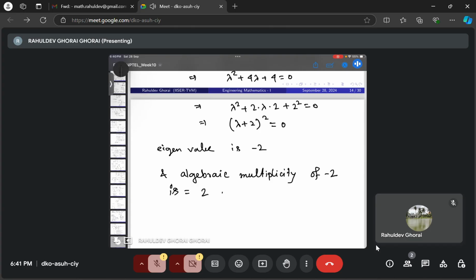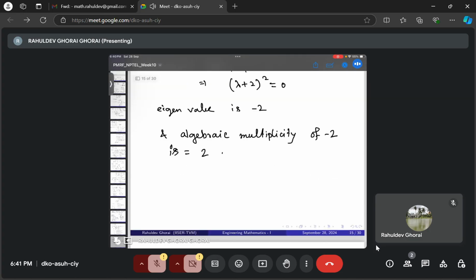The highest power in the characteristic polynomial is 2, corresponding to minus 2. So that's why the algebraic multiplicity is 2. And one important thing you should always remember: the geometric multiplicity is always less than or equal to the algebraic multiplicity.